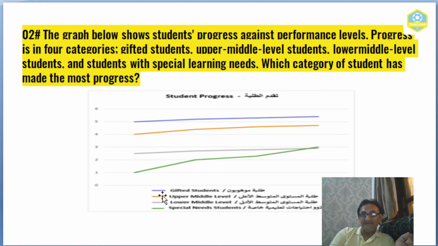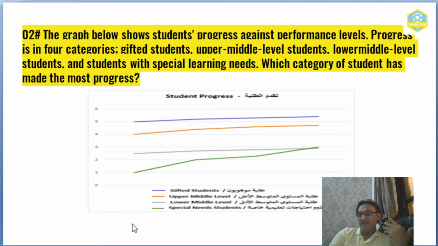The other one, the yellow color, is upper middle level. The lower middle level goes from 2 to 3, but it starts from the middle of 0.5 to nearly 3, so it will be hardly 0.4. However, the special needs students go from 1 till 2 till 3. So the progress, you can see this green line moves from 1 to 3. Now make sure that you don't answer the questions based on the line's position.